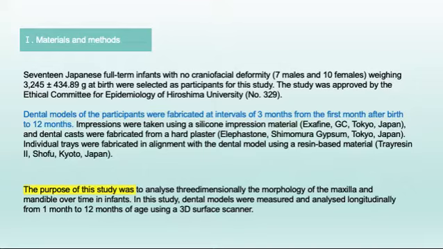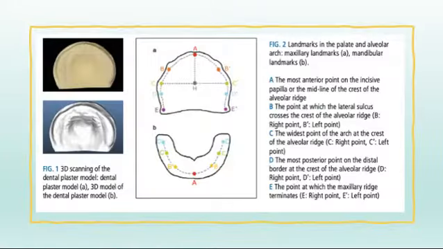The purpose of this study was to analyze the 3D morphology of the maxilla and mandible over time in infants, and the dental models were measured and analyzed from 1 month to 12 months of age using a 3D surface scanner.